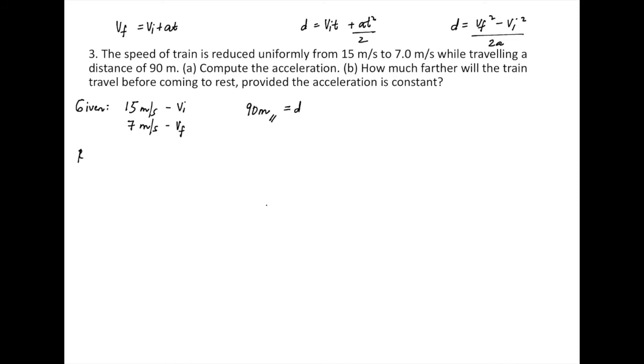And what are the required? For letter A, we have here acceleration, and for the second requirement, we have to compute how much farther will the train travel before coming to rest. So meaning to say, we have the stopping distance.